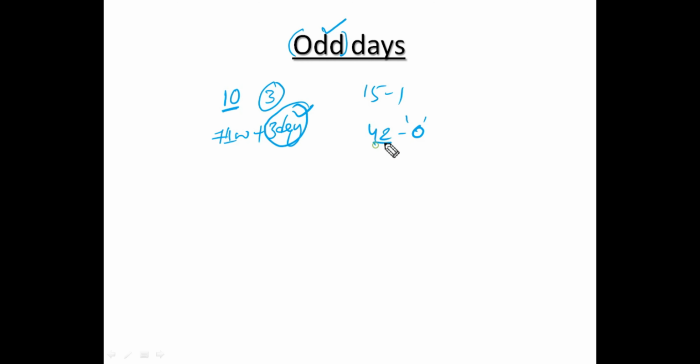Exactly 6 weeks are there. 6 sevens are 42. There are no extra days, so odd days are 0. Starting from simple days, the number of days will enter into centuries also. Observe these points clearly and try to respond along with me.